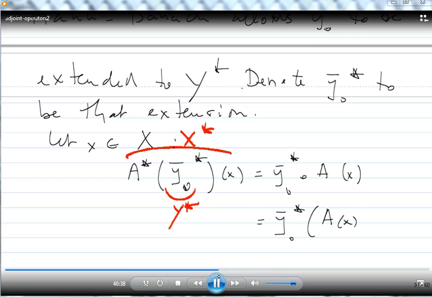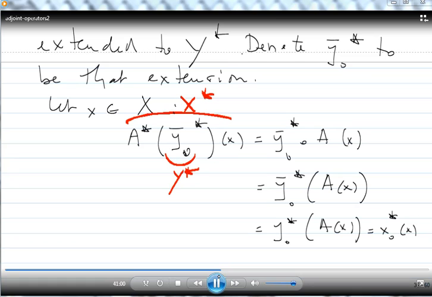Now this vector A of x is in the range, and when we go down to the range, this is just y0 because it's an extension of that one. And this is equal, by definition, to x0 star of x. Since this is true for every x in X, these two functions are the same.